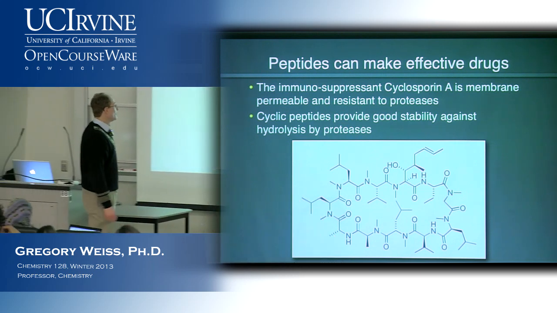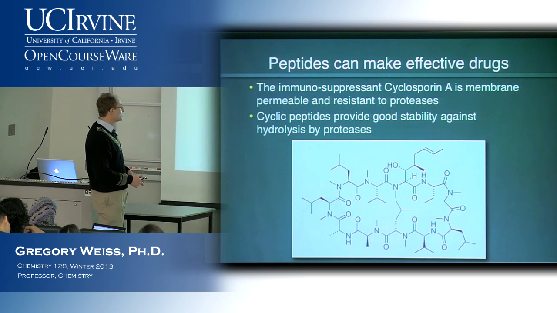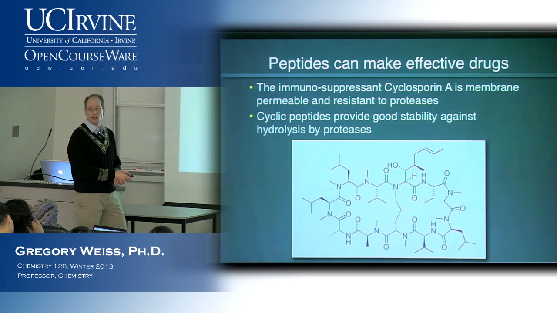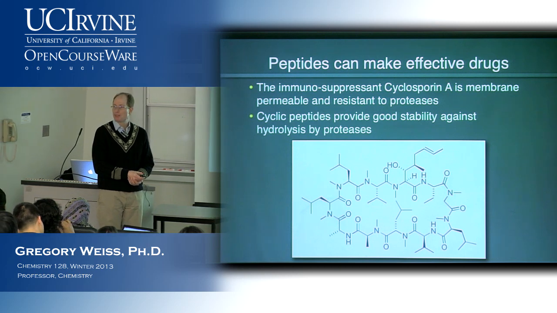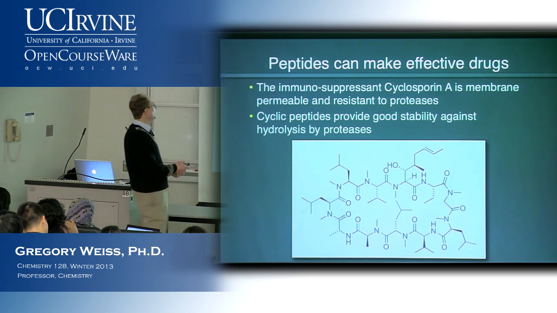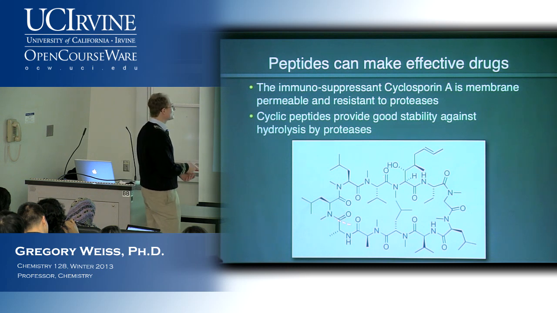Some other little things about this that happen to make it even more resistant are, notice that each one of these nitrogens are largely, with this exception over here and this one, largely methylated. The little line here indicates a methyl functionality. That in turn also makes it very hard for the proteases to digest the amide bonds of cyclosporin A. So this is really a major exception.